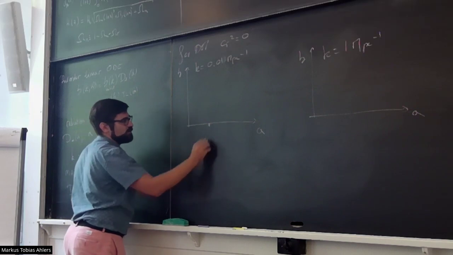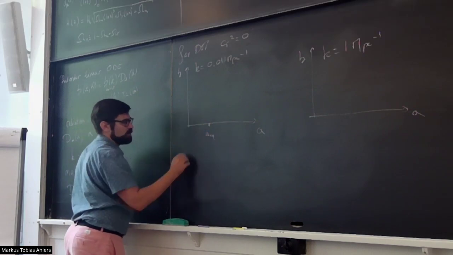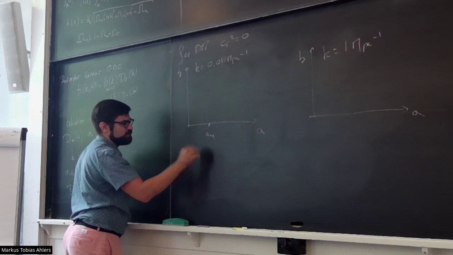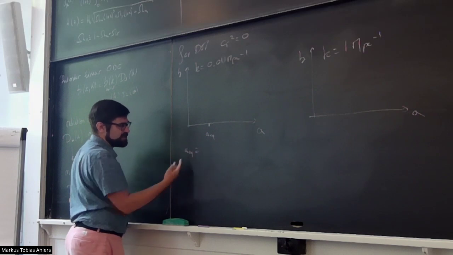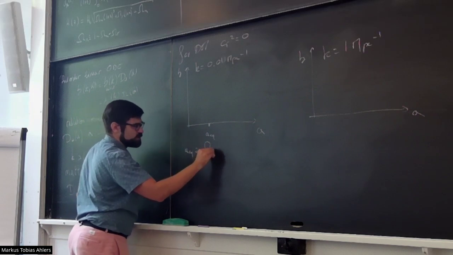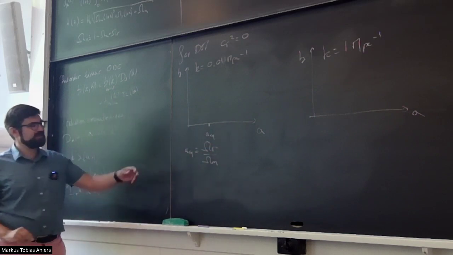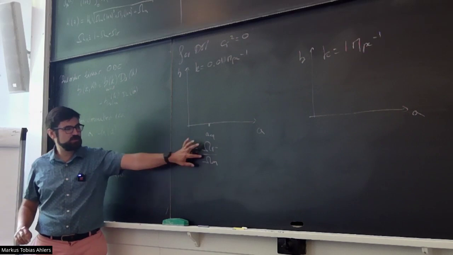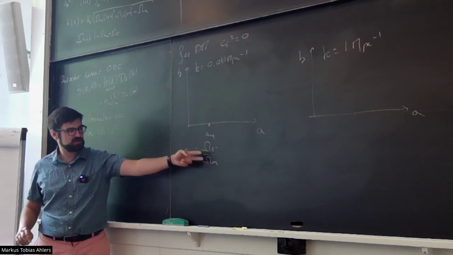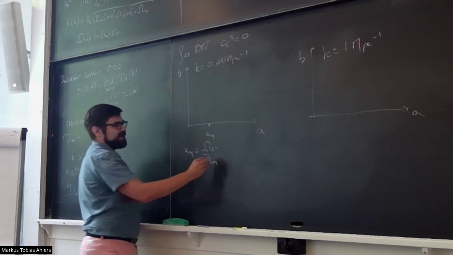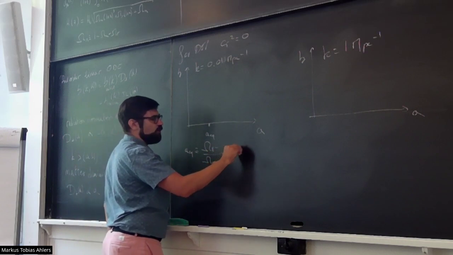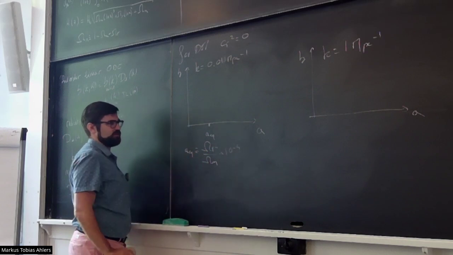So let's put a_eq, which is simply defined as the matter-radiation equality scale factor. So it's omega radiation over omega matter. Yesterday we had defined the redshift of equality, which was the inverse of that relation. Which is something like a few times 10 to the minus 4.